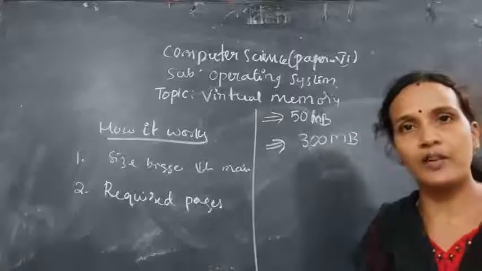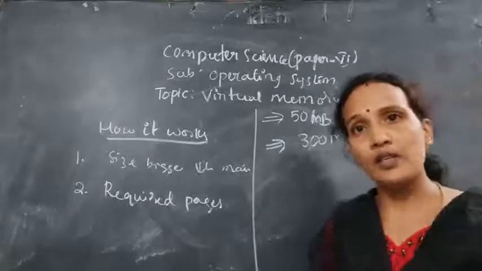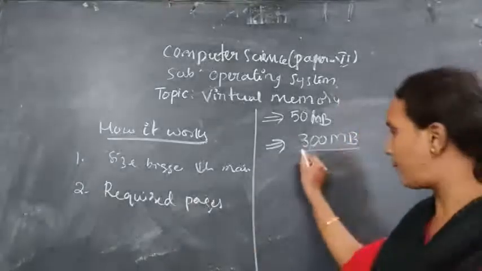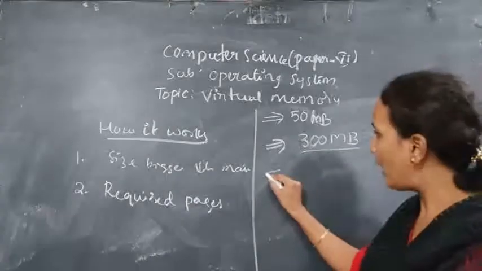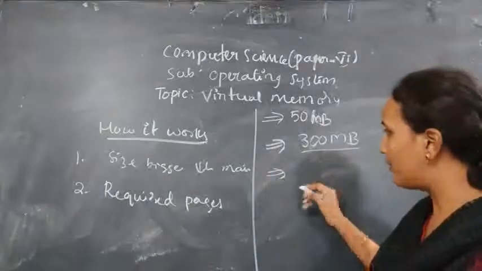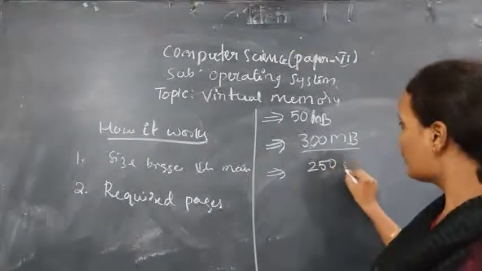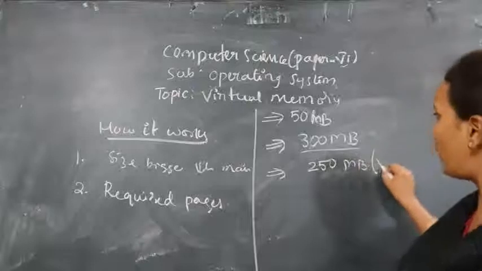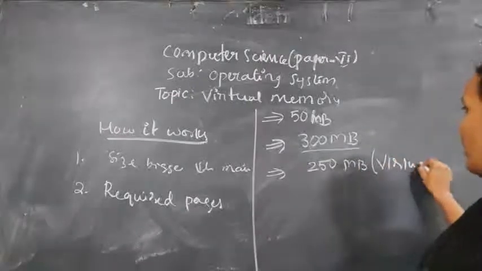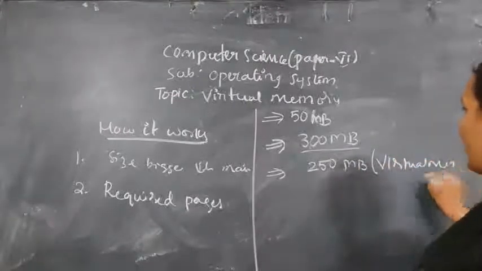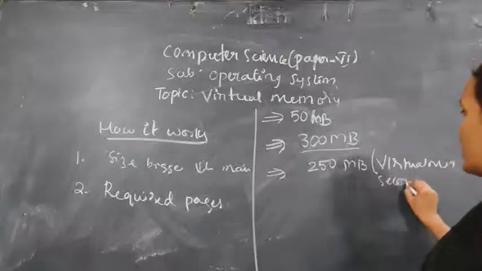What is the actual memory here? 50 MB. How much does the user want? 300 MB. In this case, how much extra memory do we need to allocate? 250 MB. And this 250 MB is called virtual memory. And we take this memory from the secondary storage device.